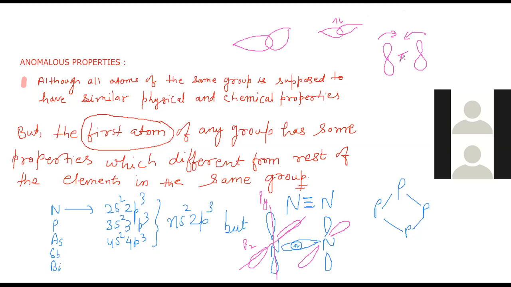So this pi bond is called a weak bond and sigma bond is a strong bond. Sigma bond is formed due to head-on overlapping, and this is taking place by lateral, sidewise overlapping.